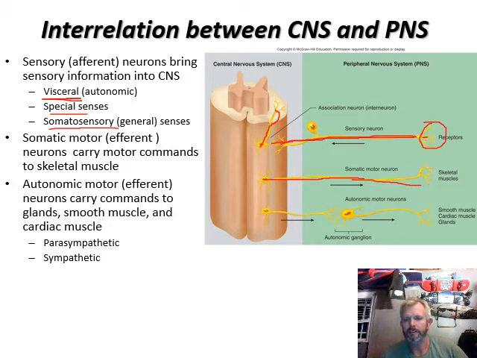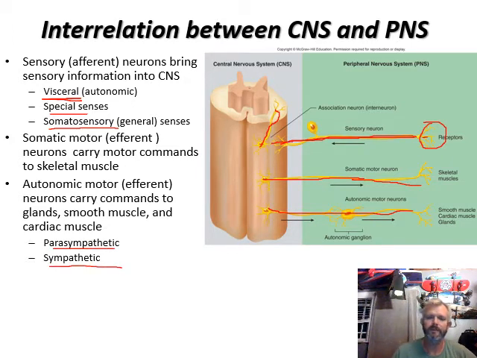For smooth muscle, cardiac muscle and glands, all controlled by the autonomic system, the information is sent through autonomic motor neurons, or efferent pathways, and again they will be either a parasympathetic or sympathetic pathway. So that's the overall flow of the information.